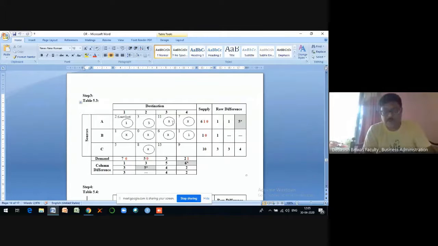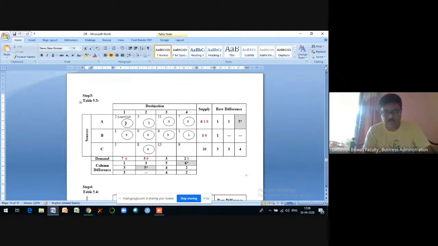So the operation has been already completed of this cell and of this cell. So remaining cells are 2 and 3. So out of 2 and 3, which is the lowest cell? 2 is the lowest cell. Therefore, we have to make operations to this cell by comparing supply and demand.